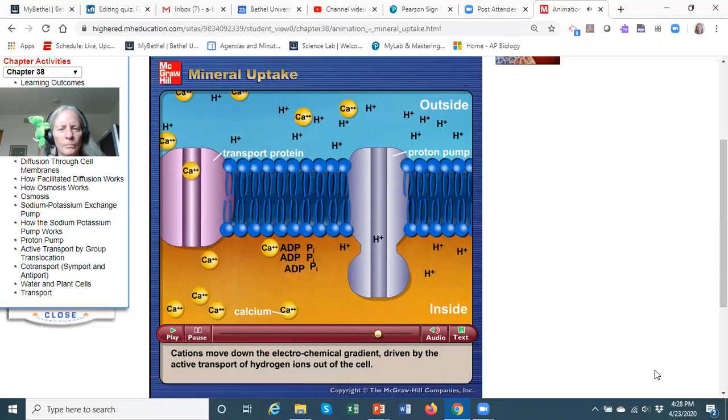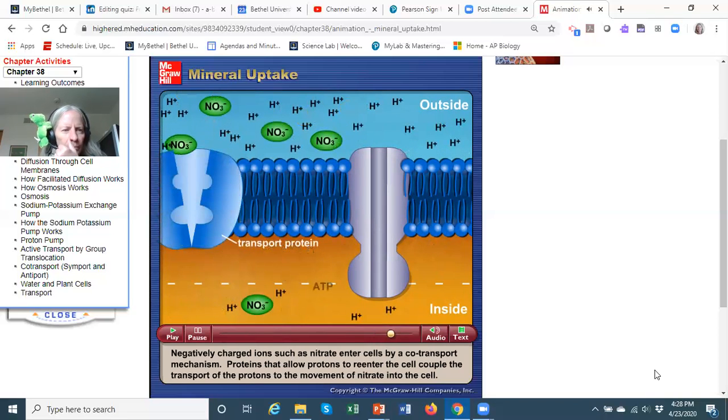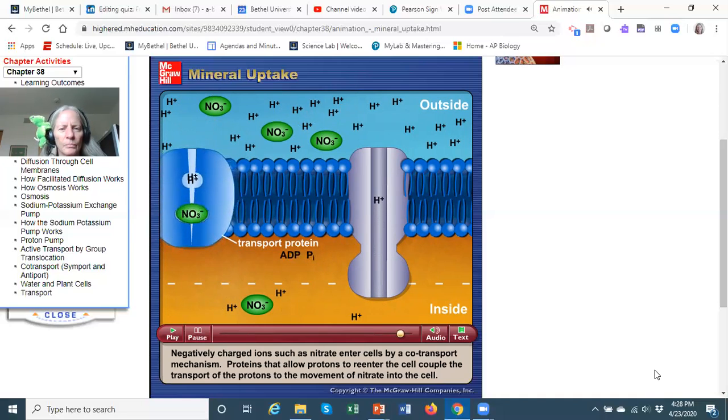Cations move down the electrochemical gradient, driven by the active transport of hydrogen ions out of the cell. Negatively charged ions, such as nitrate, enter cells by a co-transport mechanism. Proteins that allow protons to re-enter the cell couple the transport of the protons to the movement of nitrate into the cell.